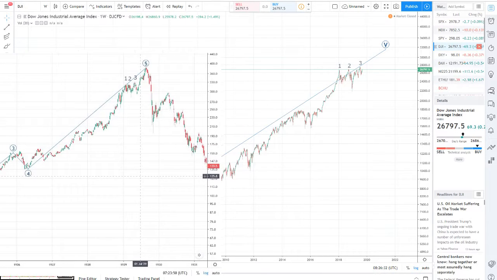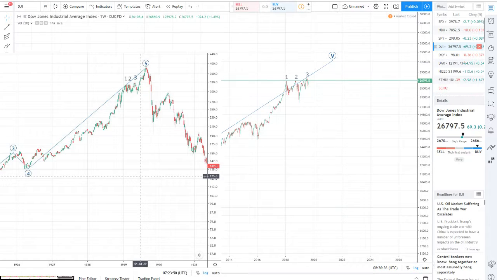Now, it doesn't mean really that this is going to happen, of course, but we do know that patterns do repeat in stock markets and everything that we're basically trading. So if this continues in the same way, then we should have another strong impulse wave up here, and then perhaps reaching about 30,000, 32,000.